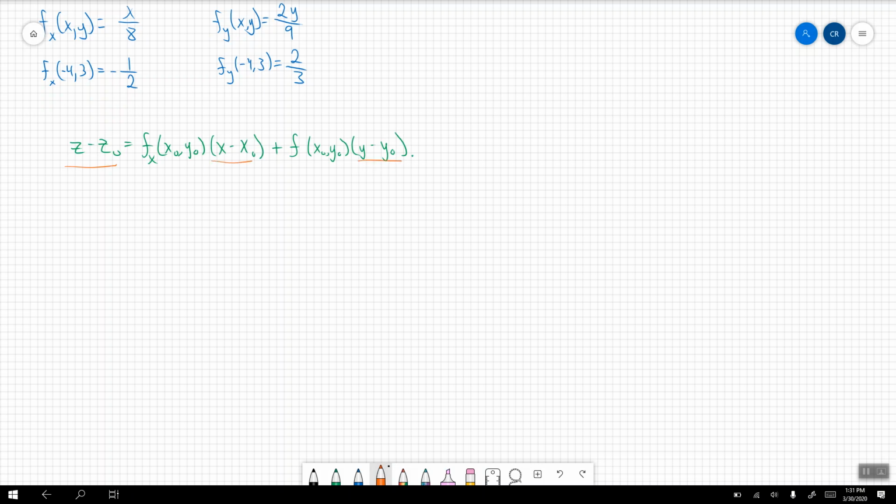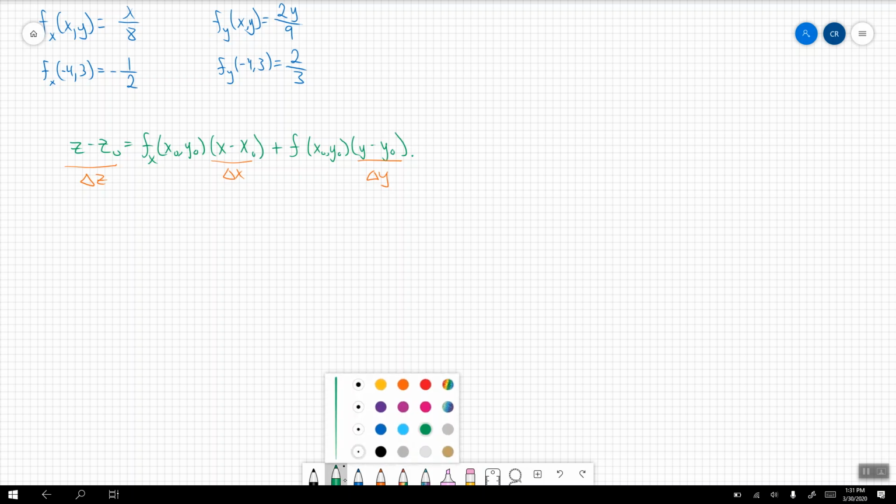The first piece is talking about the difference between the z values, some sort of delta z. The second piece is like some delta x, and the third piece is like some delta y. We're just looking at differences between the x, y, and z values respectively.